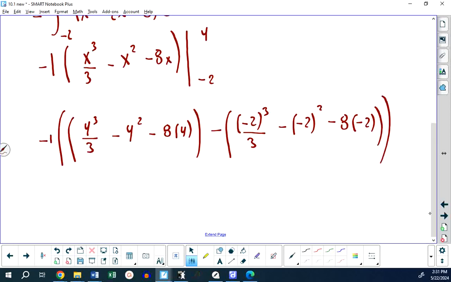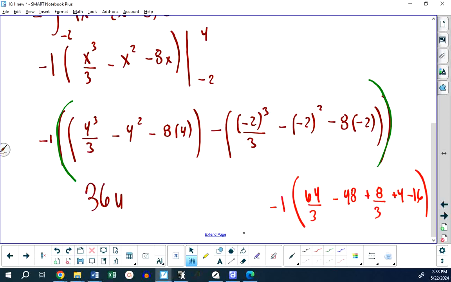And don't forget that this entire thing needs to be multiplied by negative 1. And quite frankly, I don't care how you handle the numerical calculations of this. So I'm going to give everybody a minute or two to calculate what this is. I'm going to see if I can do it.